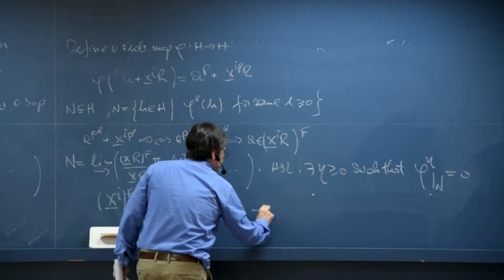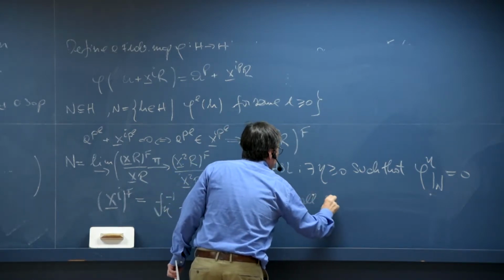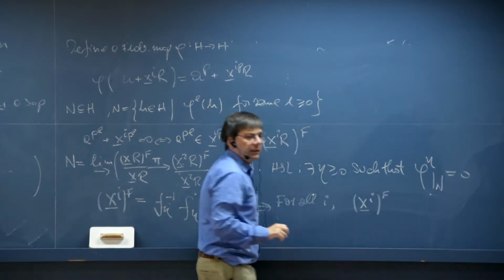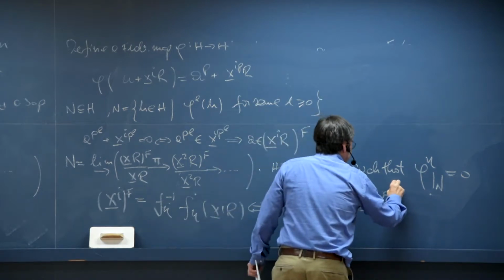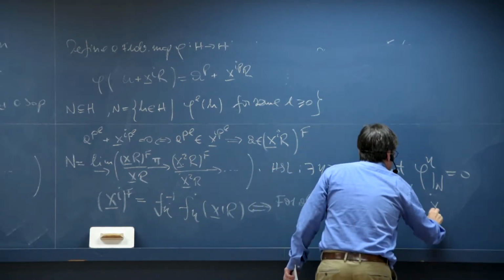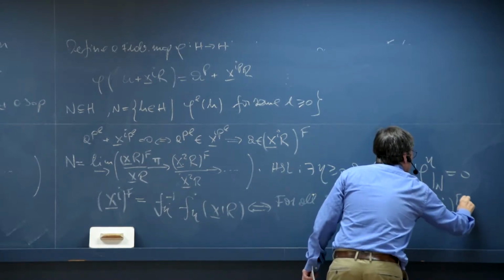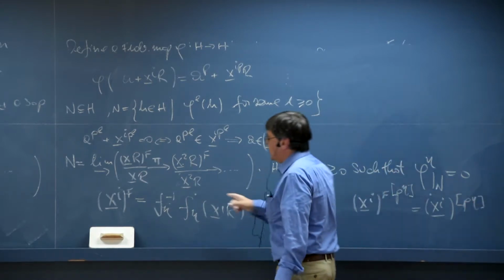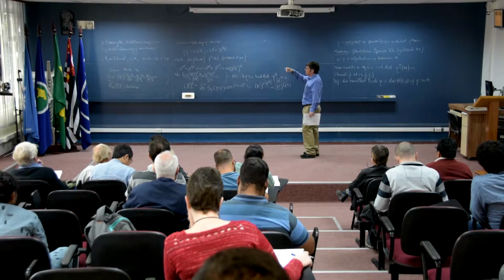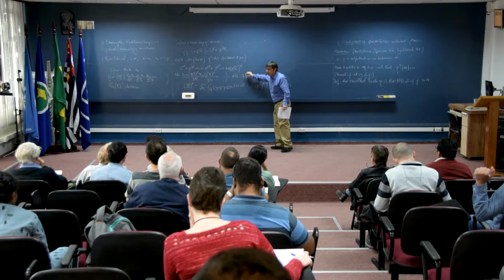And that's another way of saying for all i's, if you look at the Frobenius closure of the ideal generated by the ith powers of x, it is the same thing as the ideal generated by the ith powers of the x's to the Frobenius p to the eta power. So if you're trying to compute the Frobenius closures of ideals of the form x to the I, you know how to do that. Or at least you know that you can find an eta that works for all of them.